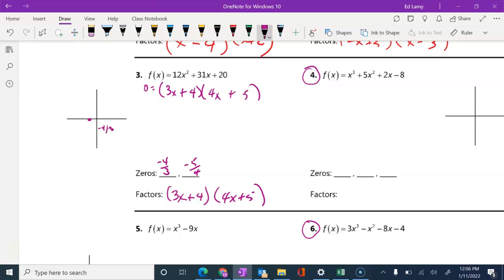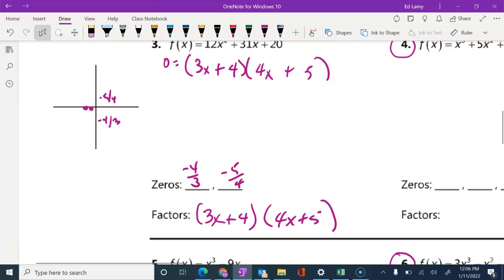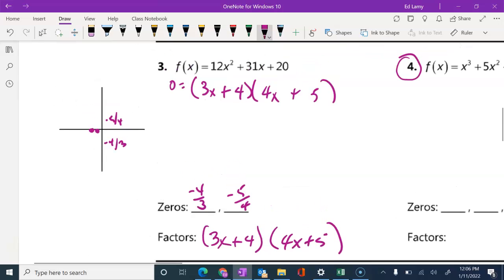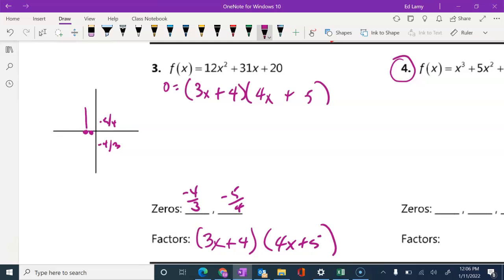And -5 fourths, that's -1 and a fourth, right next to it. That's tight. All right, but we're definitely going to be pointed up. Something like that.